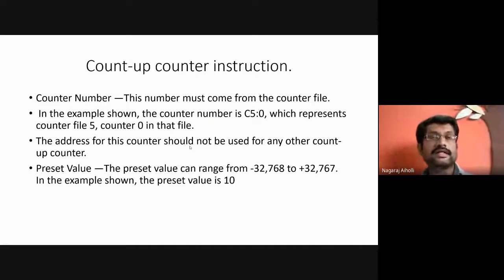As I mentioned while discussing timers in module 2, if some memory location is used for one counter, then no other counter can have the same address. You cannot use that memory location for counter 2 or counter 3 or any other counters. That address is unique for that particular counter.